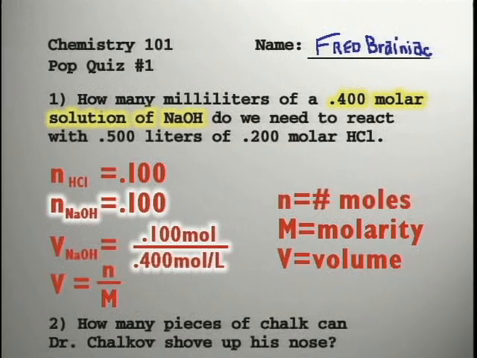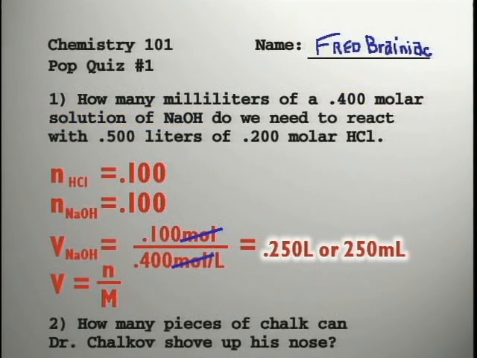So, 0.100 moles divided by 0.400 moles per liter equals 0.250 liters, or 250 milliliters. So, there it is. We'd need 250 milliliters of sodium hydroxide to react with 0.500 liters of 0.200 molar hydrochloric acid.